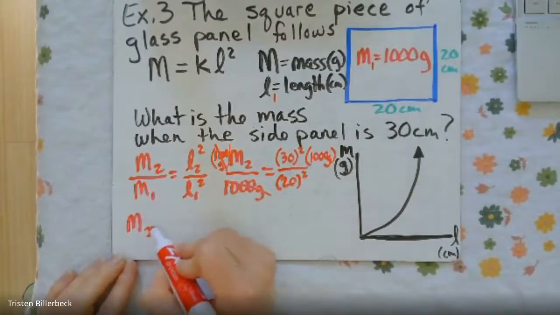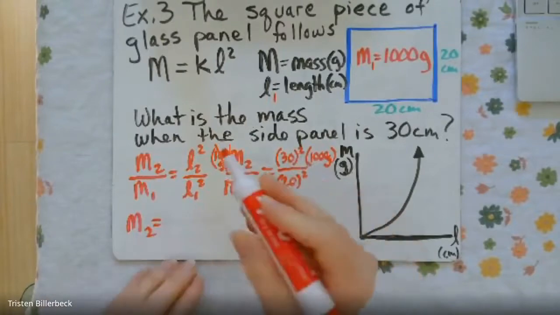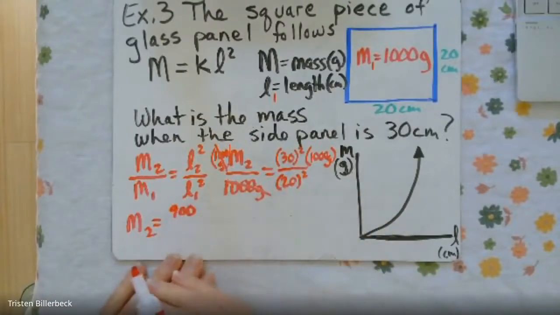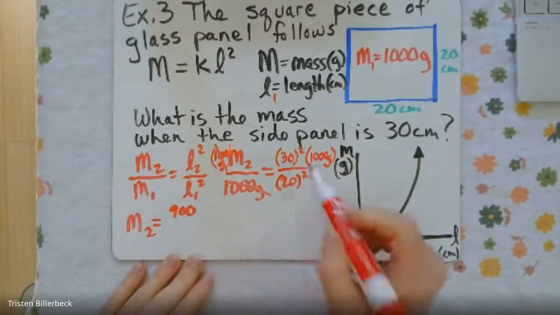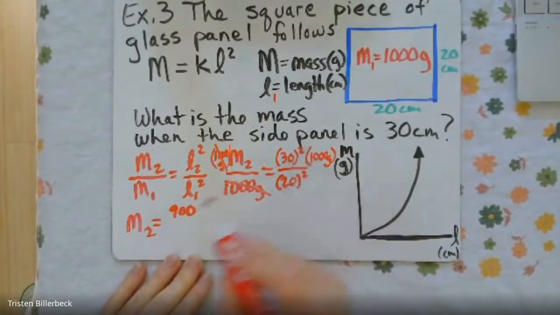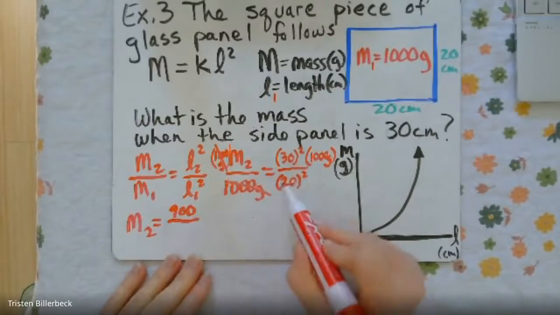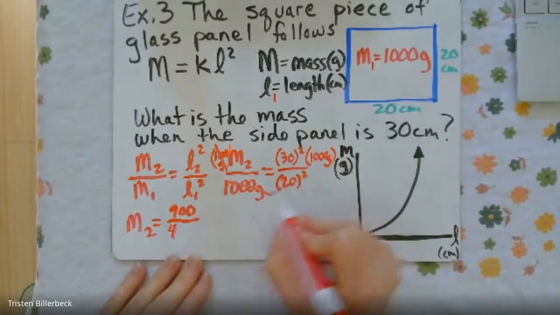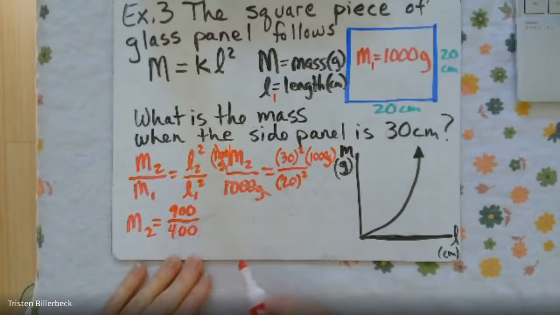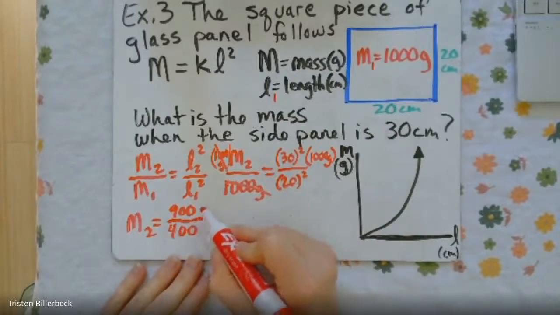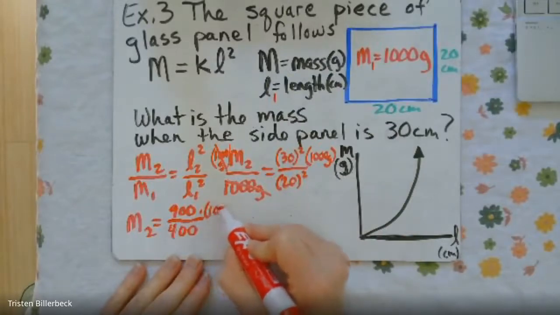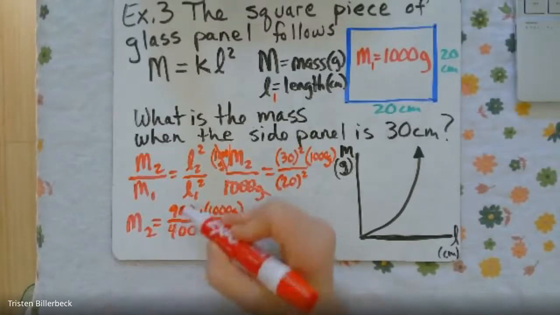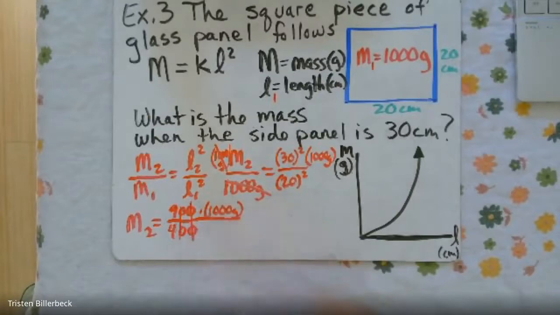So now we have M2 equals 30 squared is 900, because 3 times 3 is 9, and 2 zeros because we're squaring. And 2 times 2 is 4, and then we're squaring a 10, so that's a 0, 0. And then we have times 1,000 grams. So we followed our units. So that cancels.